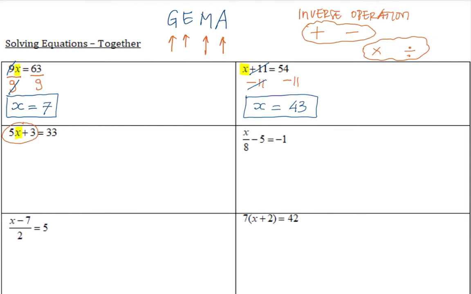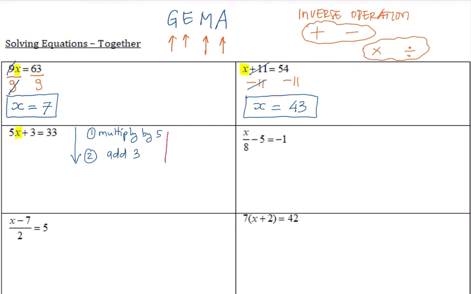There is 5x there, which means 5 times x. And then add 3. Which one have I done first then? So in this case, following GEMA, I know that I have done number 1. I have multiplied x by 5. And then afterwards, I have added 3 to it.